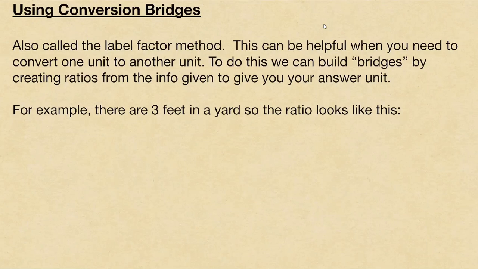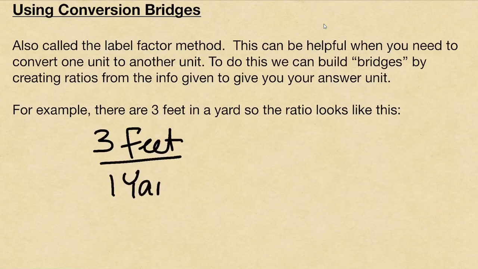That ratio would look like there are 3 feet in 1 yard. This would be your starting unit over on the side, and then what we want to get to is our answer unit. That's just one way you would set up your ratio.